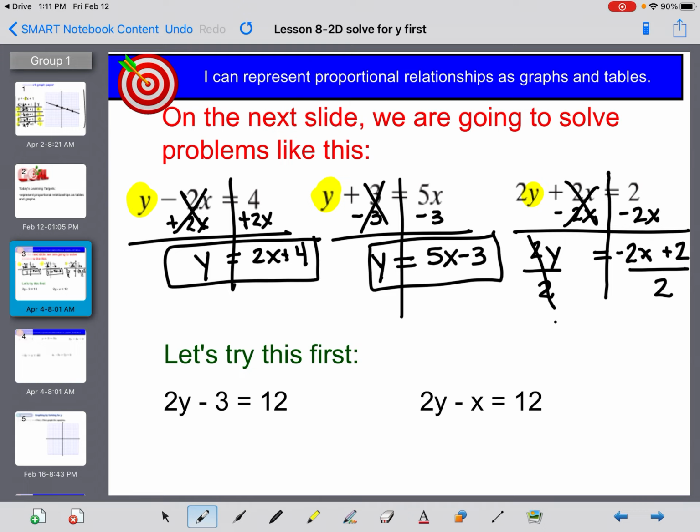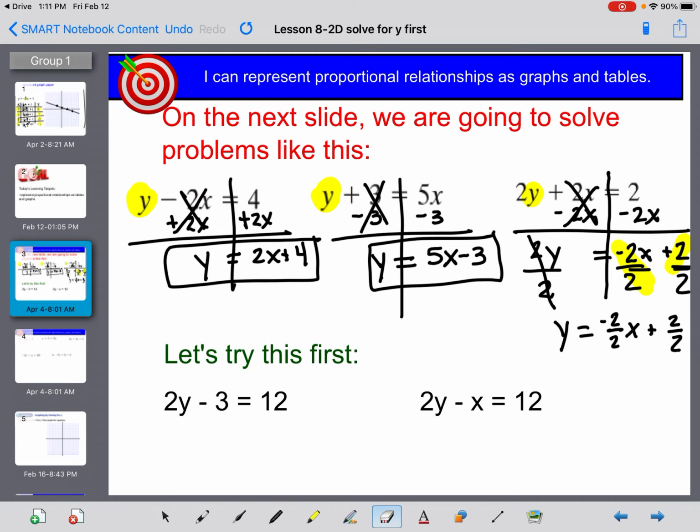When I divide both sides by 2, I want you to know that you're responsible for dividing each term by 2. That means I need to take -2x divided by 2 and 2 over 2. See how I divided each thing by 2?